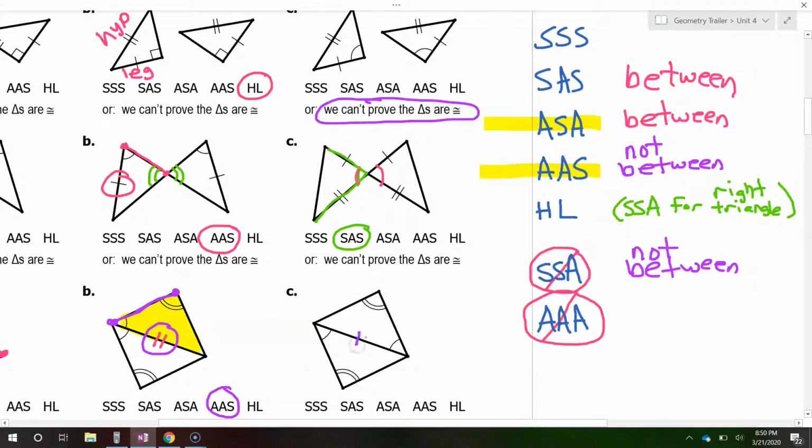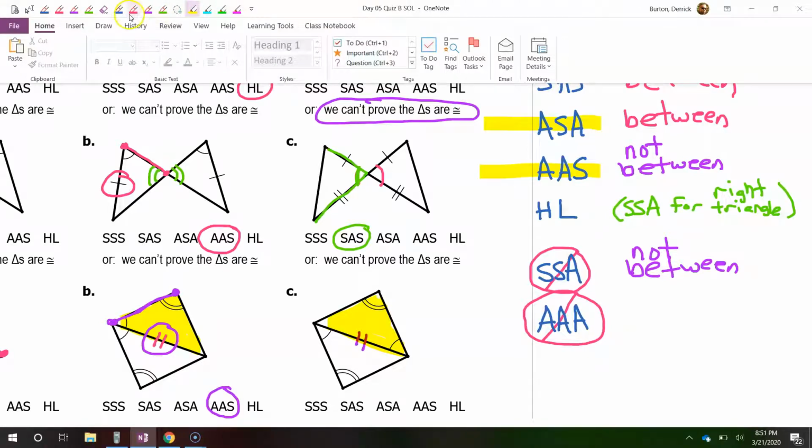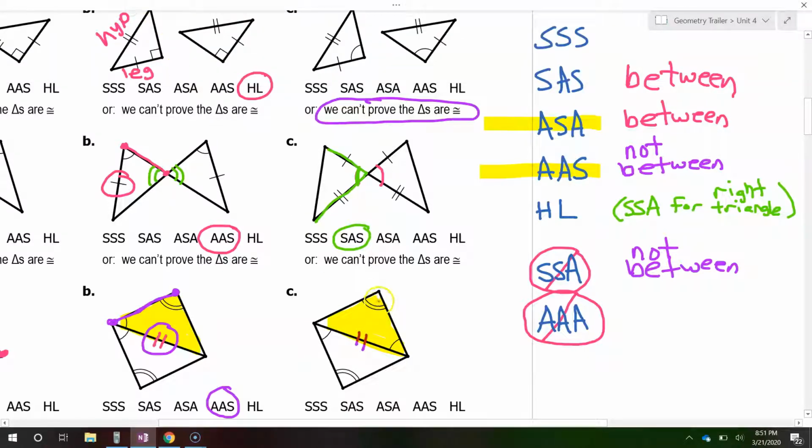All right, one more time. Here is the shared side. Focus on one triangle at a time. Once again, I have two angles and a side. So again, it will be one of these two choices.